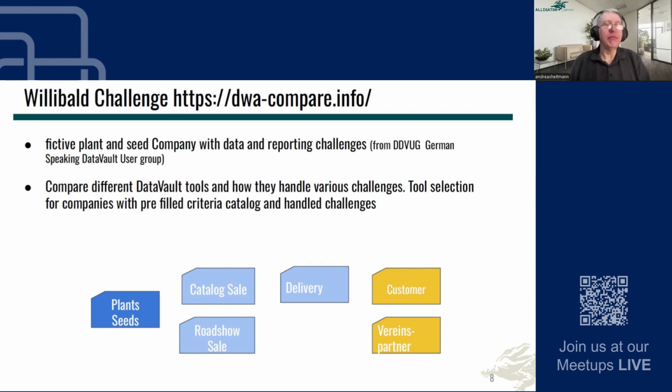We call it a Verein. It's some kind of club partner, in fact, if you say so. But I keep it here in German because it's not so easy to translate into English. And this roadshow then goes to the club, maybe in Hamburg, and sells their plants and seed there. This is a draft concept of Willibald.